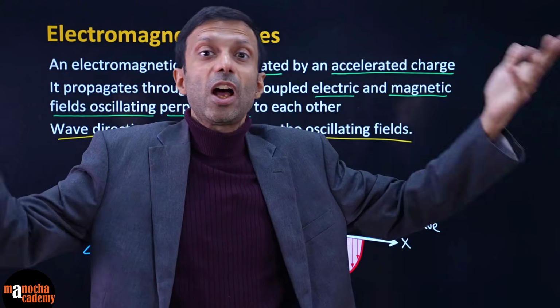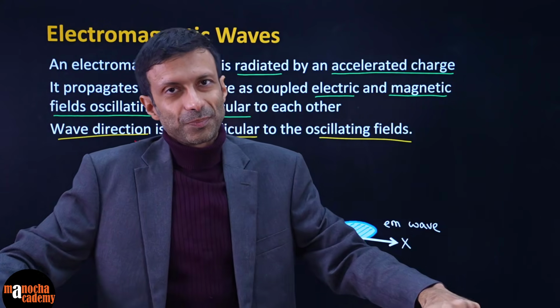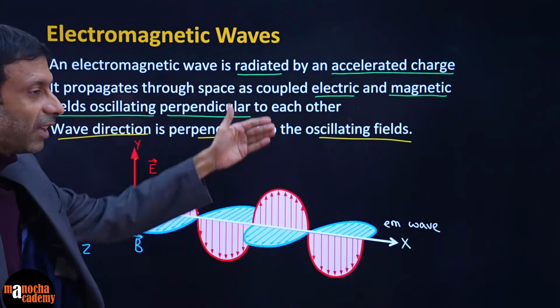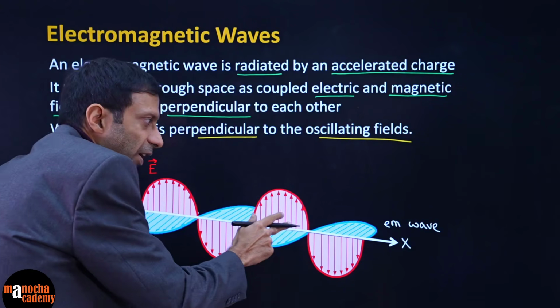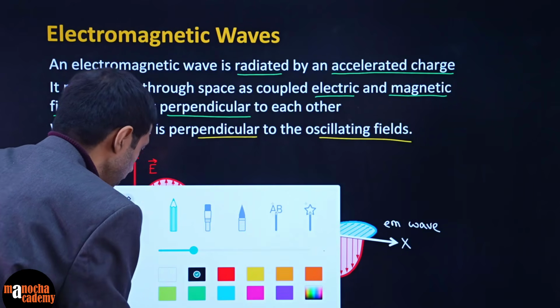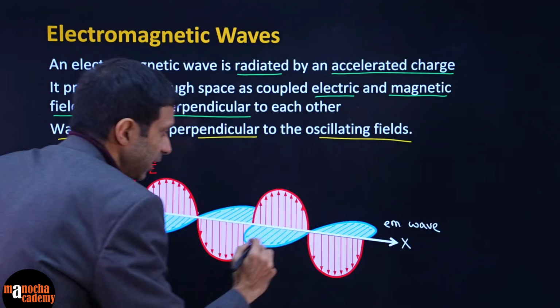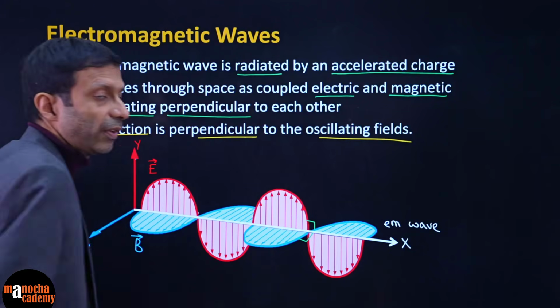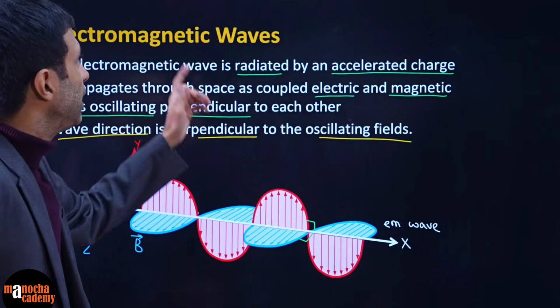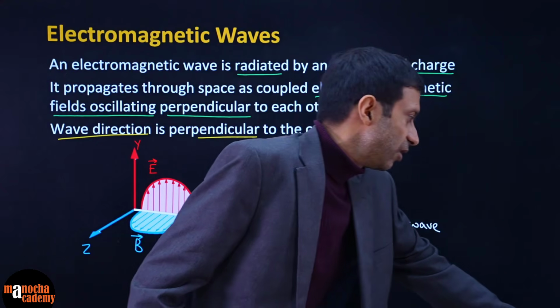You don't need a medium. Sound needs a medium. But clearly the vibration of the electric field is perpendicular to the wave. In the same way, the magnetic field is perpendicular to the wave propagation. So definitely an electromagnetic wave is a transverse wave.